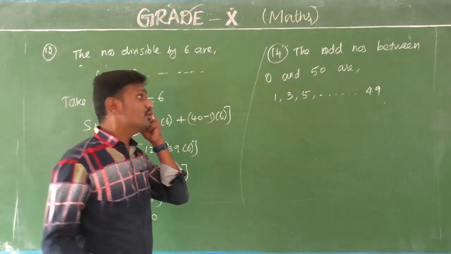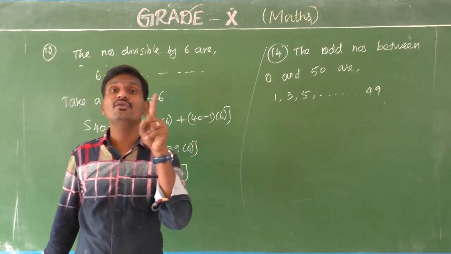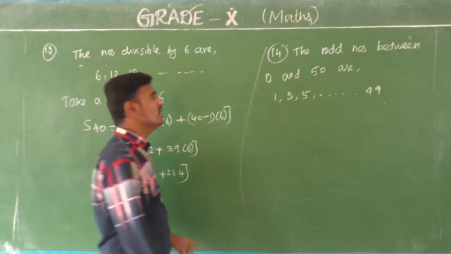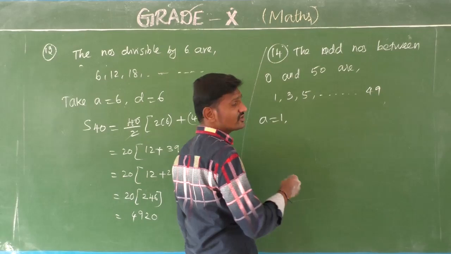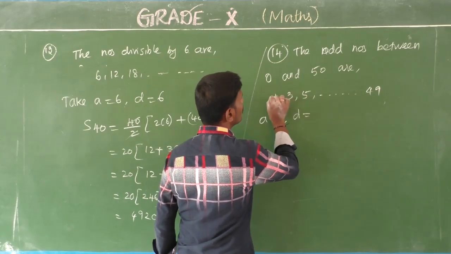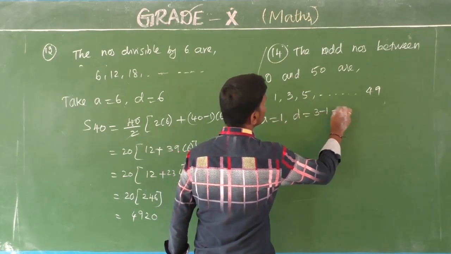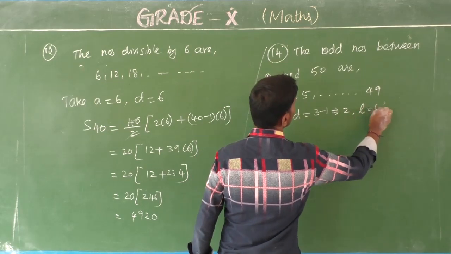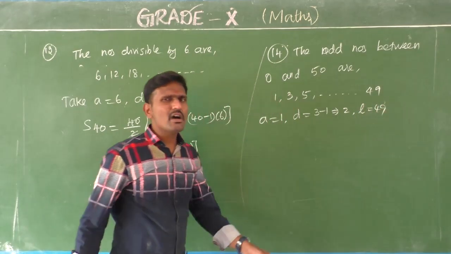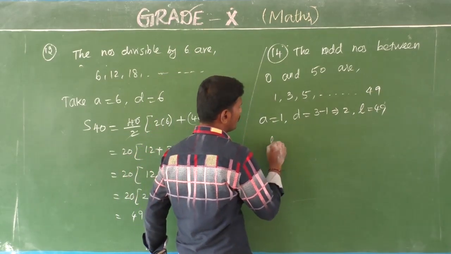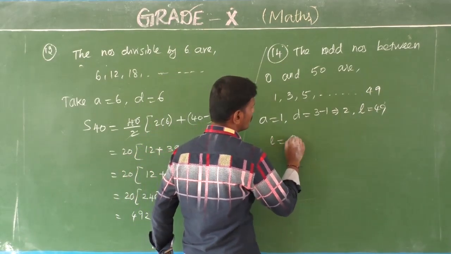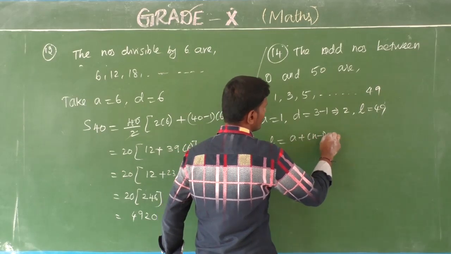Yes, student. So for that first you should find the value of n. So you know the value of a is 1, first term, and the common difference d equal to a2 minus a1, 3 minus 1 equal to 2, and the last term is 49. L or an, that is your wish. Now L or an is equal to a plus n minus 1 into d.